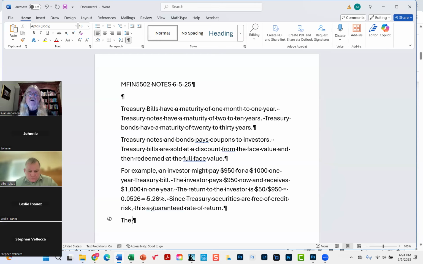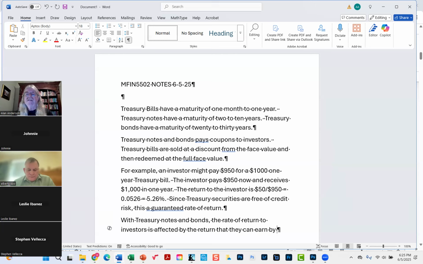Well, with Treasury notes and bonds, the rate of return to the investors is affected by the return that they can get by reinvesting the coupon payments.